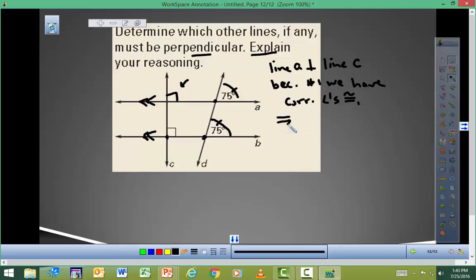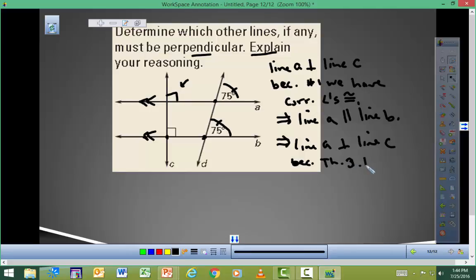That then means that line A is parallel to line B. And once we have that, then we can say line A is perpendicular to line C because of a theorem, I think it was 3-11 or 3-10, that said if one of these is perpendicular, the other one must be perpendicular if you have parallel lines.